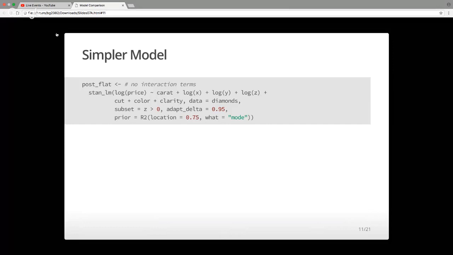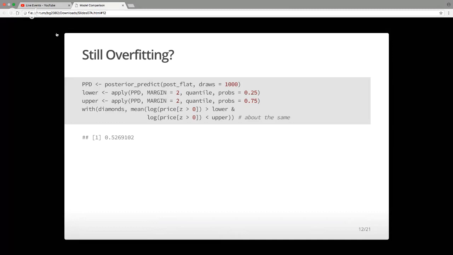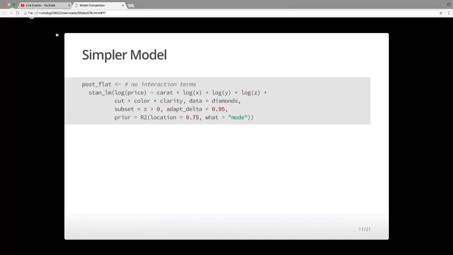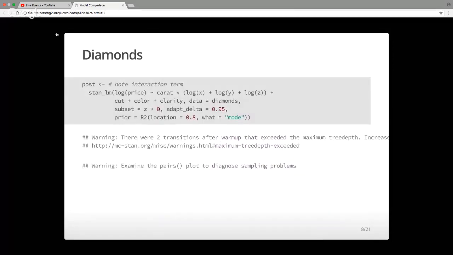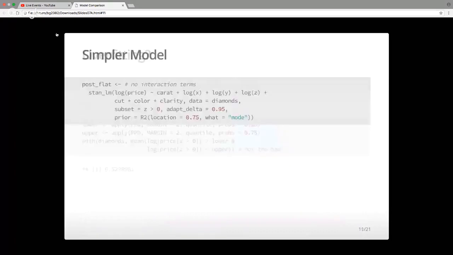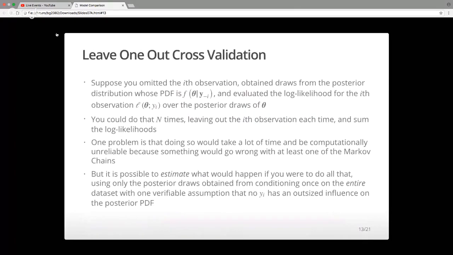But anyway, I could keep messing around with this until I got my overfitting down to a reasonable level. But it's already pretty reasonable. And this model fits a lot worse than the previous one, and that has to be taken into consideration. But at least this one is calibrated a little bit better than the first one that I estimated, on the basis of this overfitting percentage.